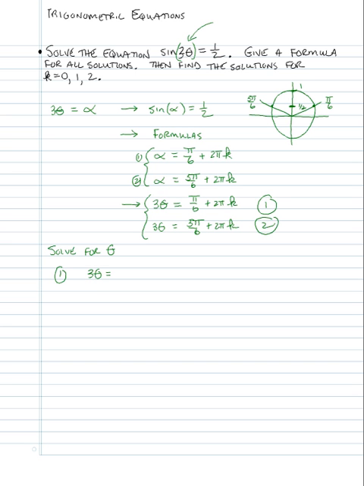Instead of having 3 theta on the left side, we need theta on the left side. Here's the way I would do that. Why don't we multiply this left side by 1/3? Because 1/3 times 3 theta is certainly just theta, so we'll get our theta. Now, if I multiply the left side by 1/3, I'm going to multiply the right side by 1/3.